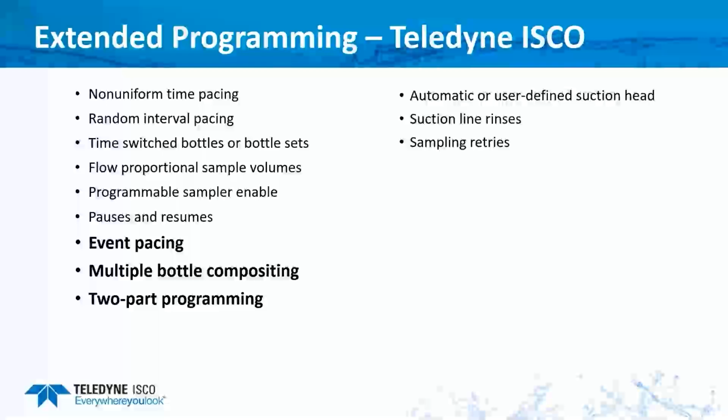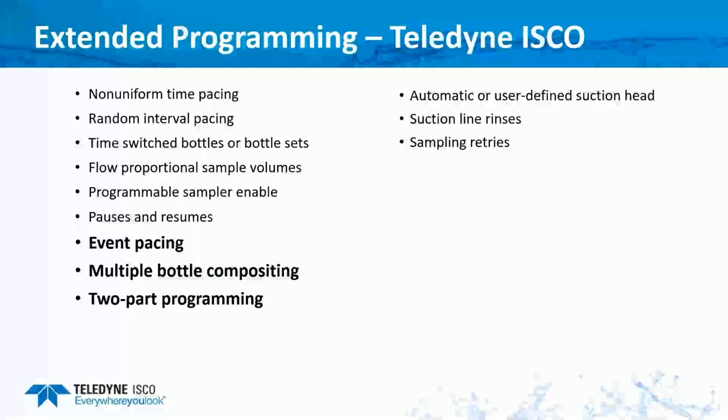We can program pause and resumes into the sampler, so we can tell the sampler to be ready to collect samples or actively run samples if we have something like a time-paced program, and then at some point in time stop and pause. For example, if we only want to sample from 8 to 5 every day, we can have it set to pause at 5 o'clock in the afternoon and resume automatically at 8 o'clock the next morning.